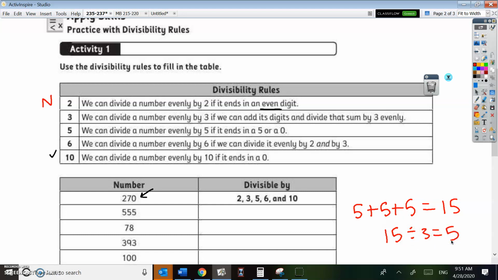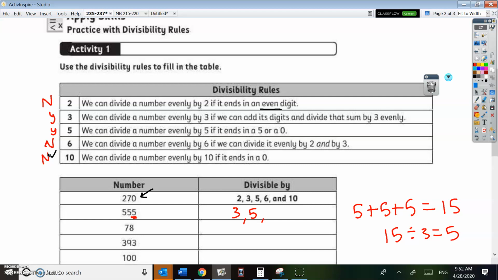So yes, that's divisible by 3. Is it divisible by 5? If it ends in 5, and 555 ends in 5, so yes, it's divisible by 5. It is not divisible by 6. Y is for yes, N is for no. It's not an even number, so it's not divisible by 6. And it's not divisible by 10 because it doesn't have a 0. So that one should just be 3 and 5.